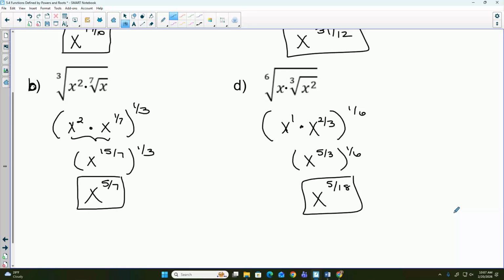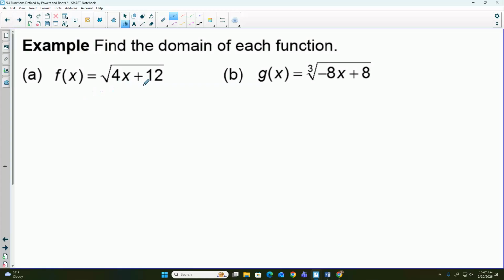All right, I have like 3-ish slides left. Let's talk about finding the domains of a couple. So if I asked you to find the domain of this one, it is a square root. So if it's an even radical, we said the thing under the radical has to be positive. So that has to be greater than or equal to 0.